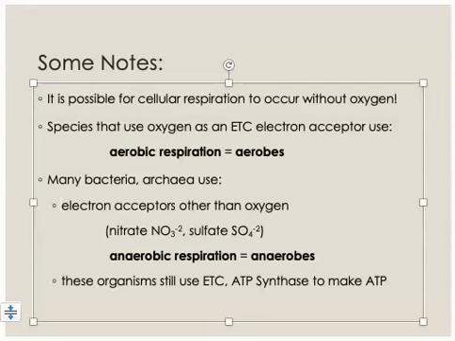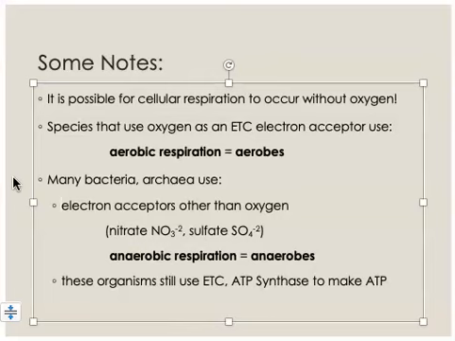You and I and other animals do cellular respiration in the presence of oxygen. We are aerobes. Oxygen is the molecule that sits at the end of the electron transport chain and acts as the final electron acceptor. But there are many bacteria and archaeal species who use final electron acceptors that are not oxygen.